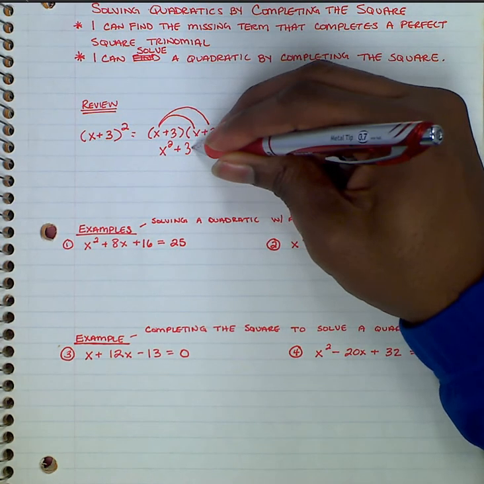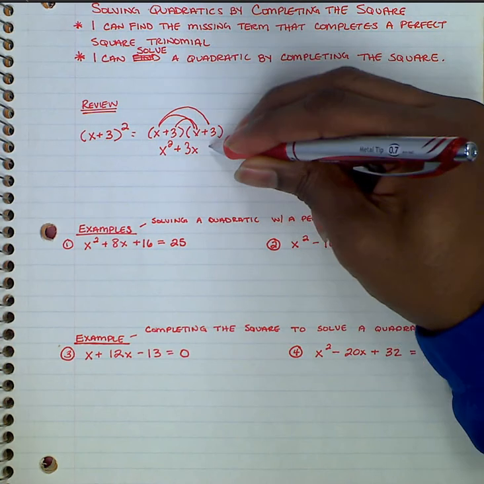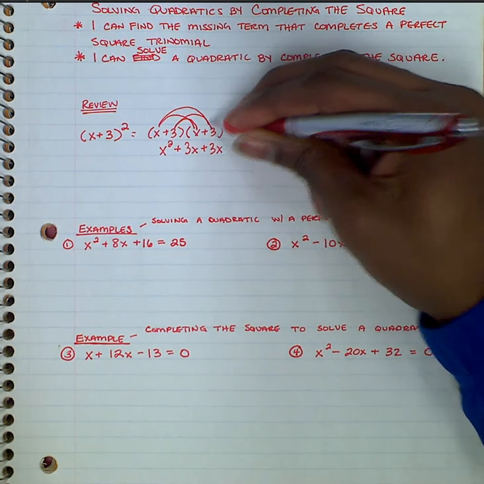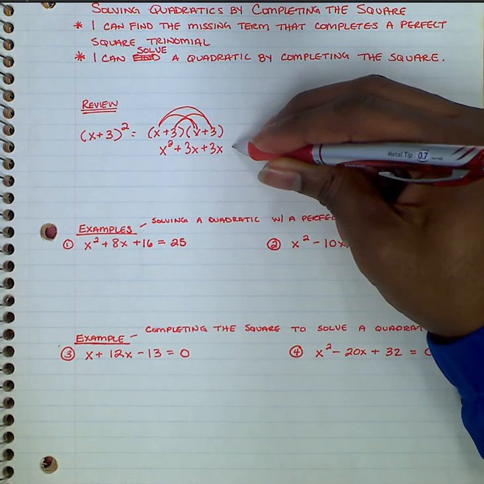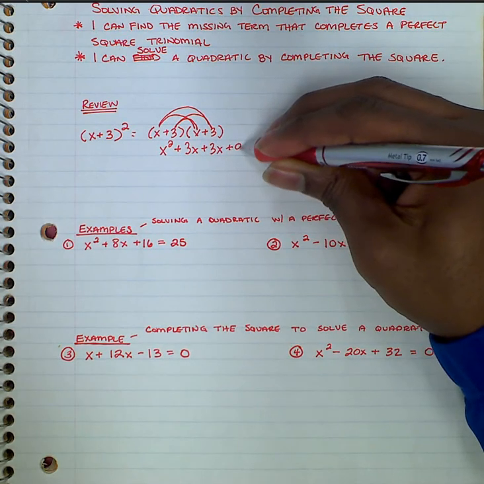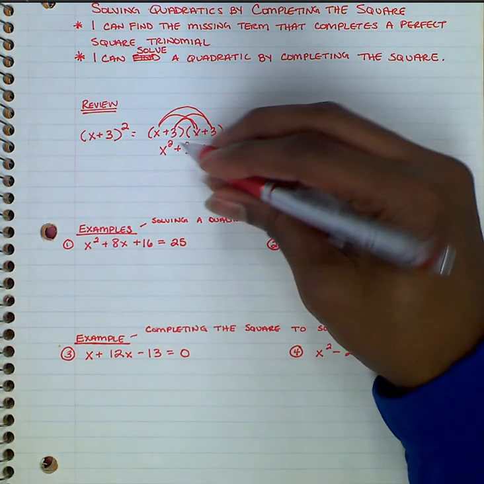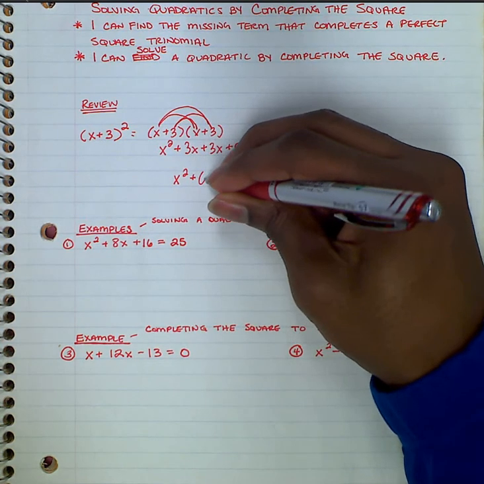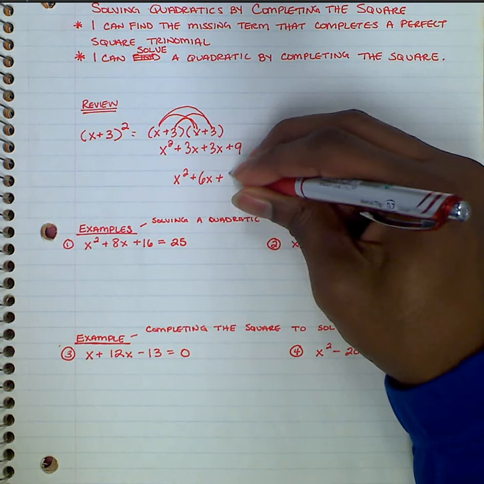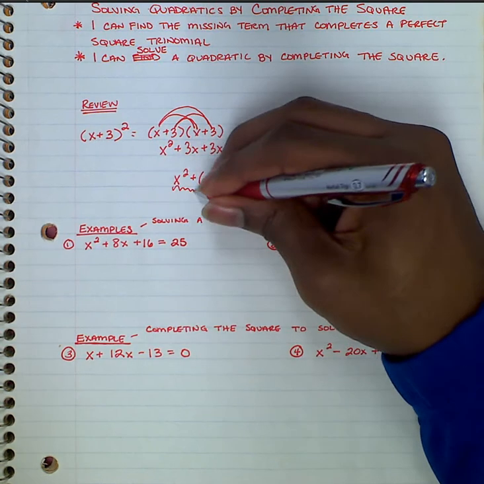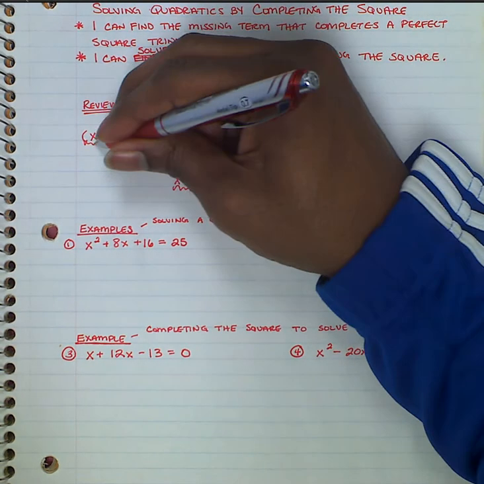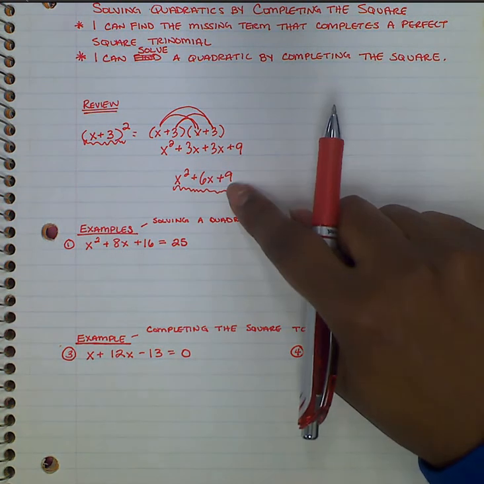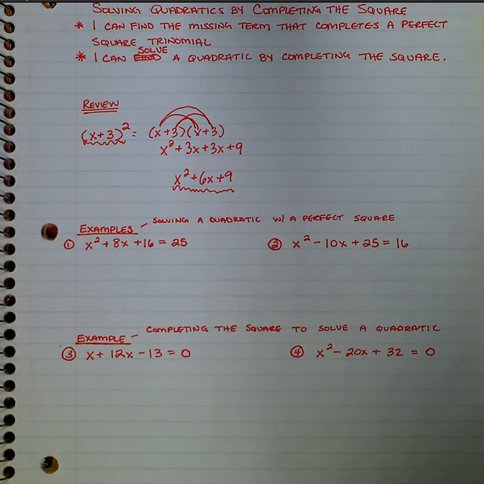Do the same thing for the second term, another 3x, and for the third term, 3 times 3, which is 9. Add our like terms together, we have x squared plus 6x plus 9. So x squared plus 6x plus 9 is the same as (x + 3) squared. This is an example of a perfect square trinomial.